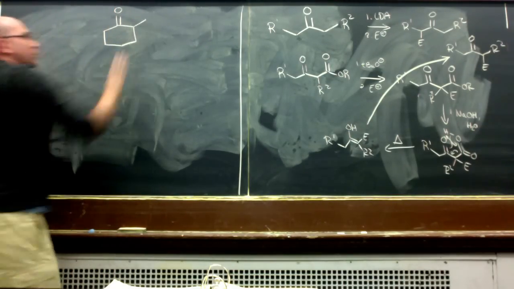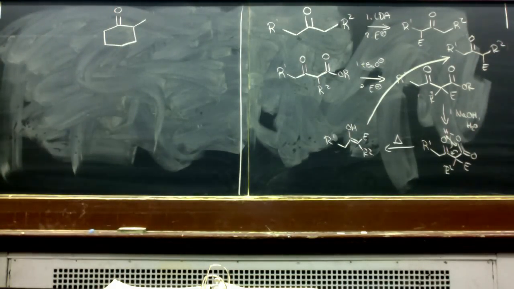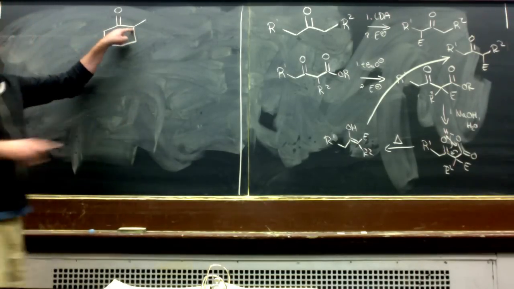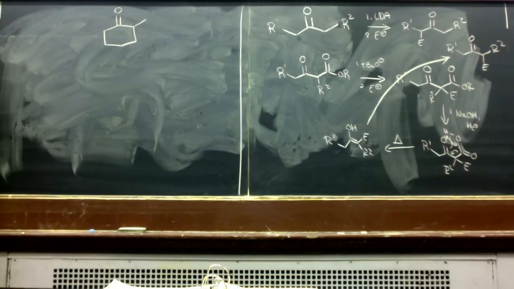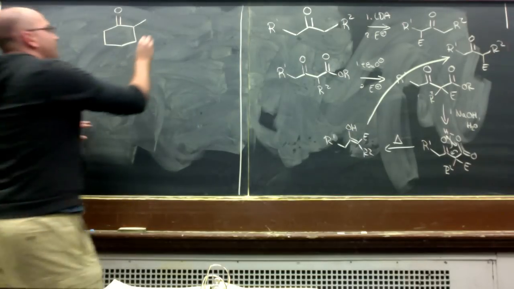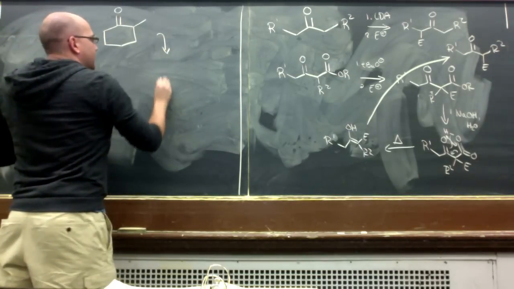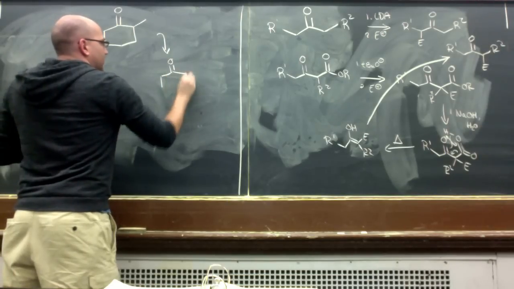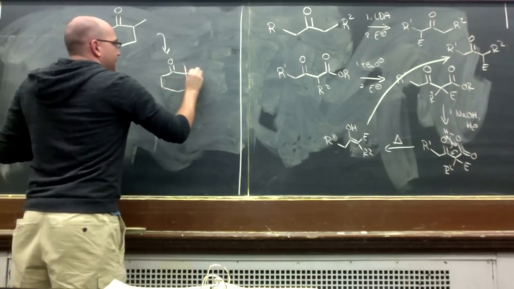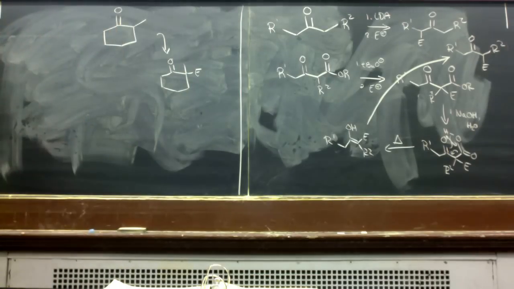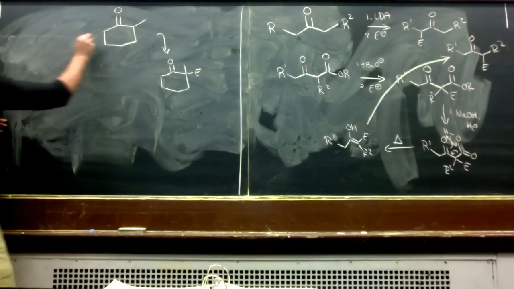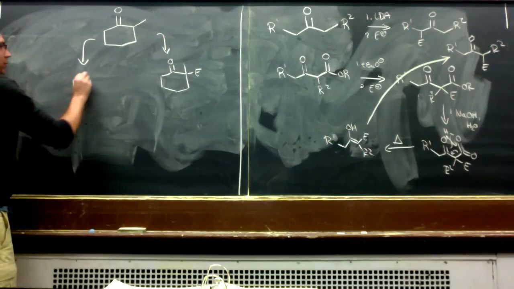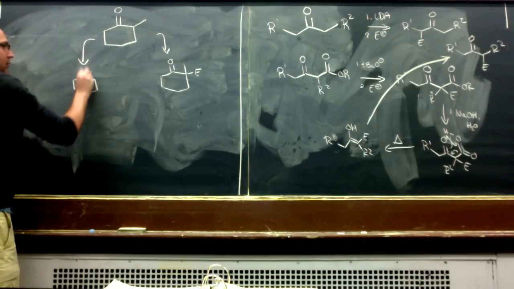is if you have a ketone like this, right? Some type of substituted ketone, where you've got two alpha carbons, and one of them is more substituted than the other, right? We can imagine products that would arise either by attacking at the one side or attacking on the other side.